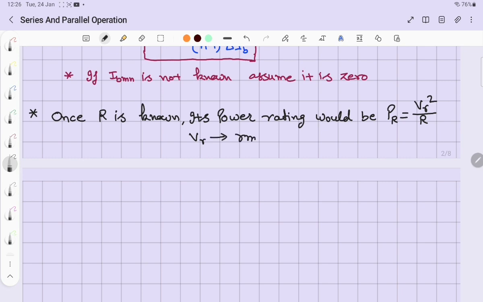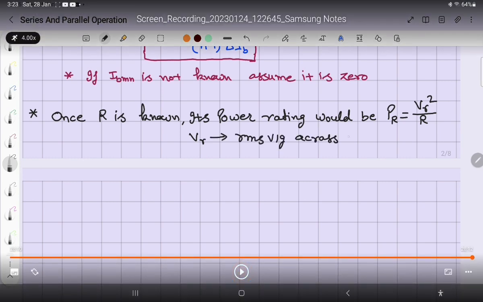In some cases IBMN, that is the minimum current, is not given; in that case you can assume it is 0. Always remember this, right? So delta I would be IBMX as IBMN is 0.